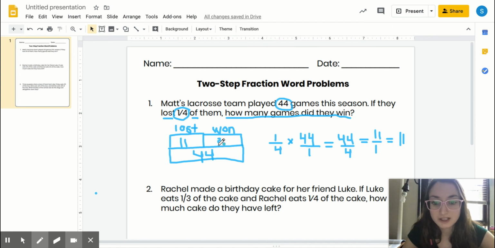But when I have a missing part in my tape diagram, I know that 11 plus something equals 44, my total, right? 11 plus something equals 44. So we can work backwards. And instead of using addition, we use the opposite of addition, right? What's the opposite of addition? Subtraction.